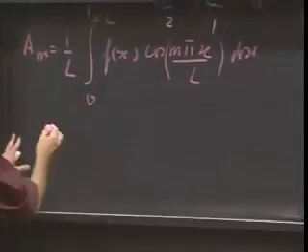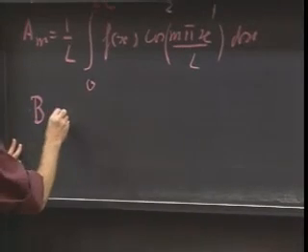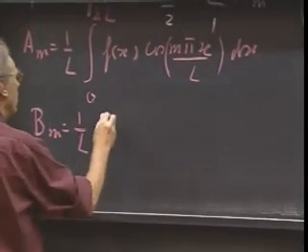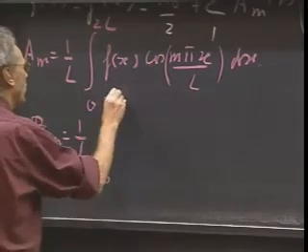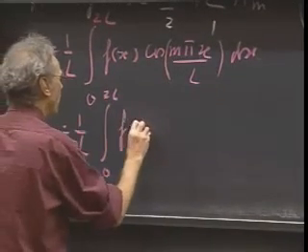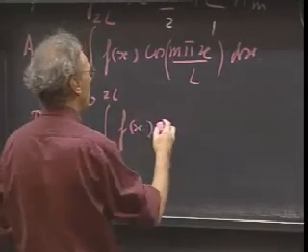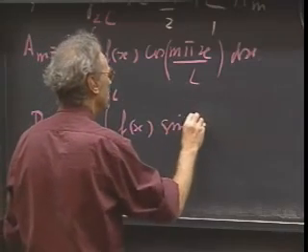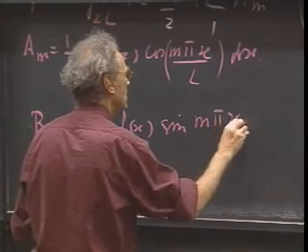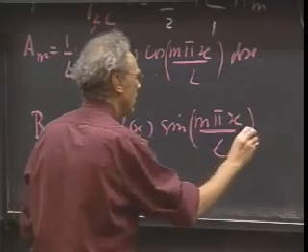And B of m is then 1 divided by L times the integral from 0 to 2L of my function of x, which is my plucked string, times the sine of m pi x over L times dx.